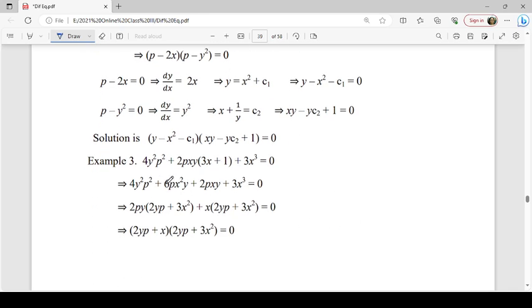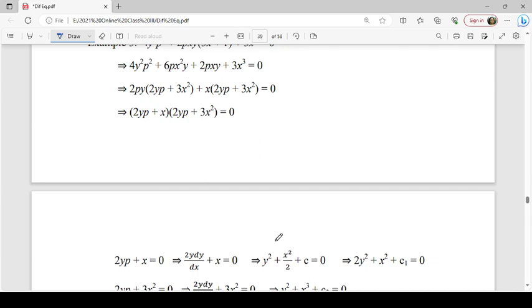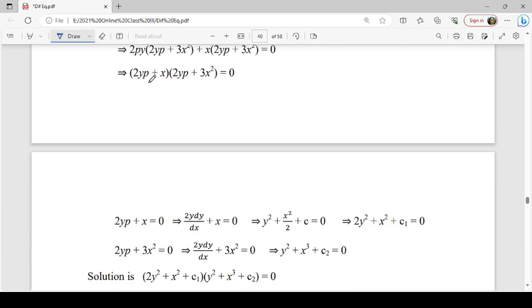Then this is also factorizable like this. So we get two linear equations. Let us see how we can solve it. The first one is 2yp + x = 0. In place of p we write dy/dx. So 2y dy/dx + x = 0.